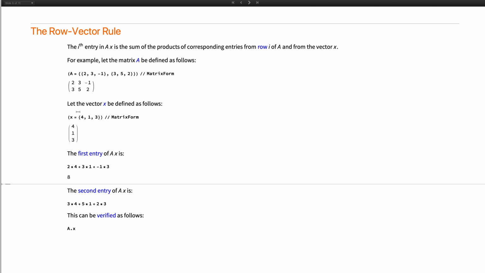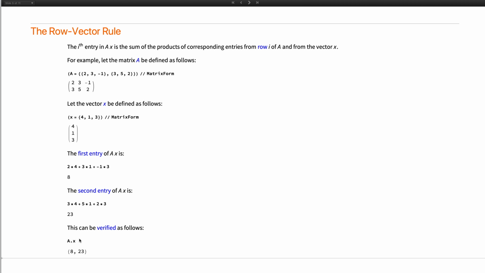And for the second entry, you do 3 times 4, and then 5 times 1, and then 2 times 3, that's the other entry. You can check that with the Dot function, and you get back just the same result, 8, 23. So the row vector rule is a very nice way of doing the multiplication in this case.